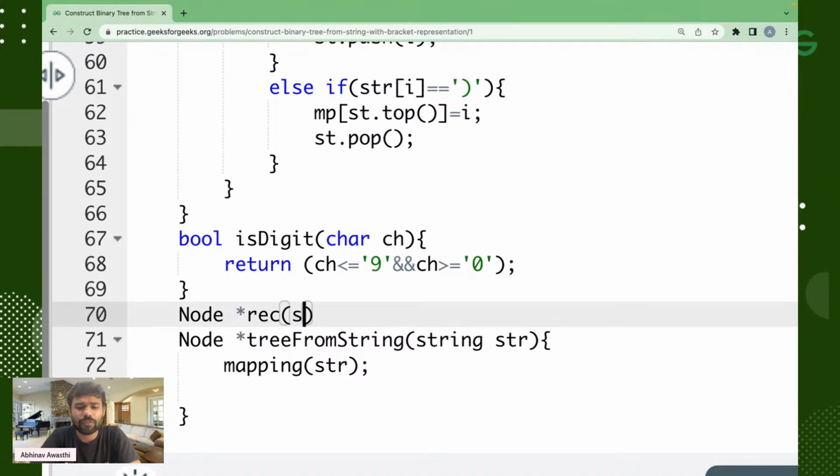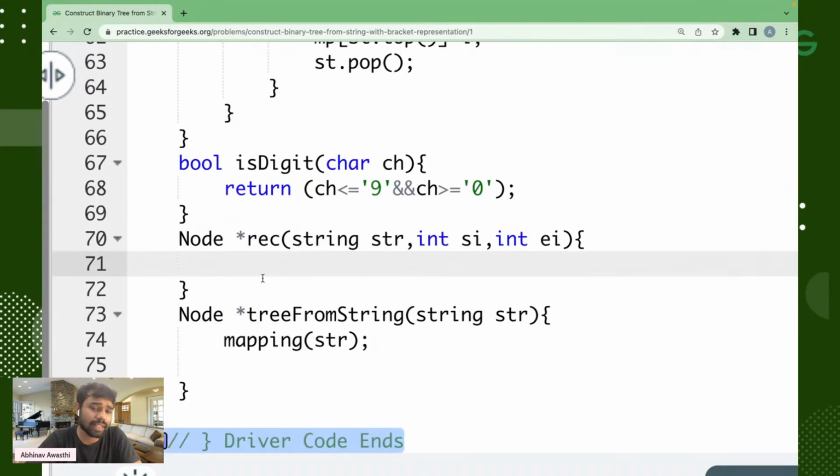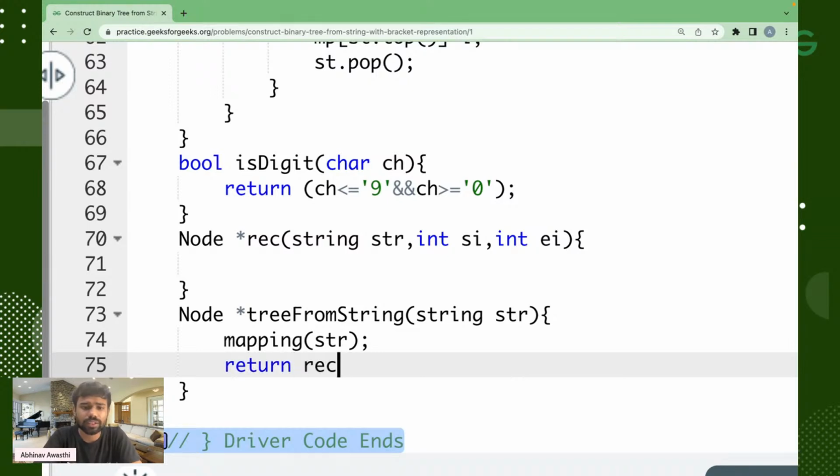Here we will have the string str, and after that two indexes, si and ei, where si is the starting index and ei is the ending index. Then we will return a call to this function, with str, starting index initially 0 and ending index str.length minus 1, that is the last index.